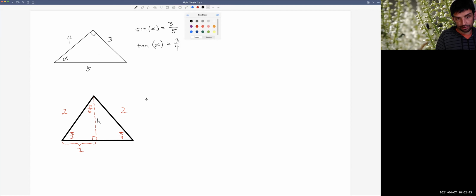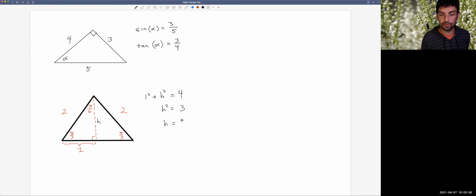So in this case, 1 squared plus h squared has to be equal to the hypotenuse squared. So 2 squared is 4, which means h squared is equal to 3. H is plus or minus the square root of 3, but we're dealing with lengths, so we're going to call it positive. So h is the square root of 3. Let's just put that in.